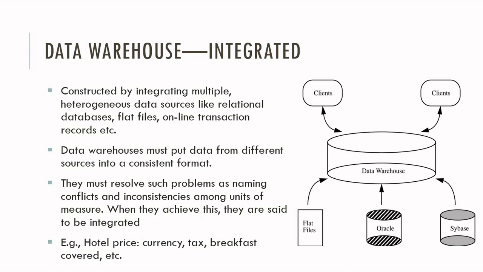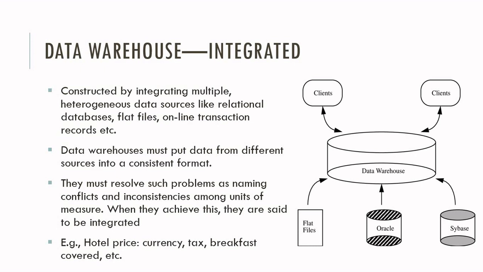The next is integrated. A data warehouse is constructed by integrating multiple heterogeneous data sources like relational databases, flat files, and online transaction records. The data collected is cleaned, and then data integration techniques are applied, which ensure consistency in the naming conventions, encoding structures, attributes, measures, etc. So here we are collecting the data from multiple databases.